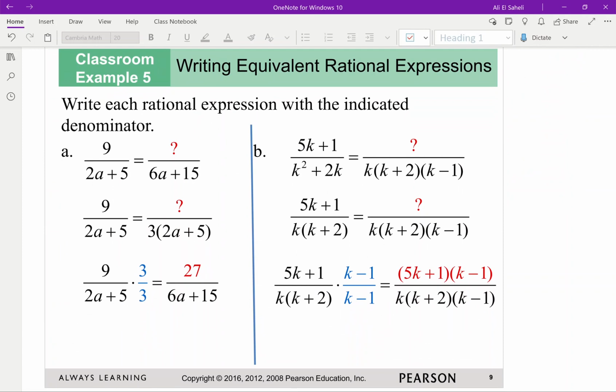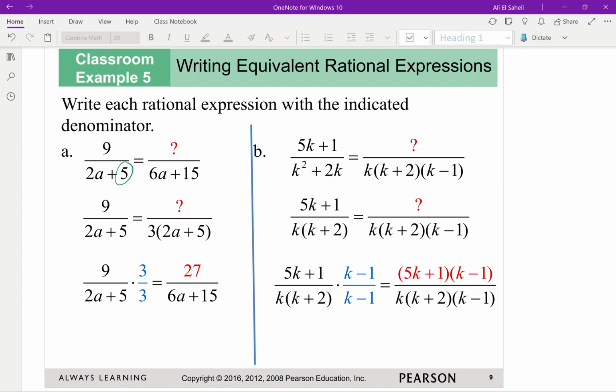Write each rational expression with the indicated denominator. Now this has to be written as an expression where the denominator is this. Now, what do I multiply this by to get this? The 2a must be multiplied by 3.